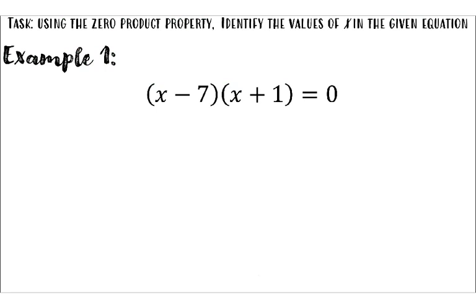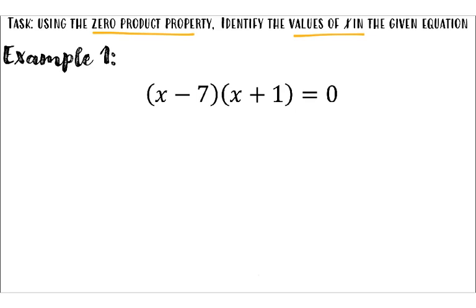In our first task, it's telling us to use the zero product property to identify the values of x in the given equation. So whenever you see a task to identify the value of x, you know you have to solve the equation. So looking at this example, we have (x minus 7)(x plus 1) equals 0.